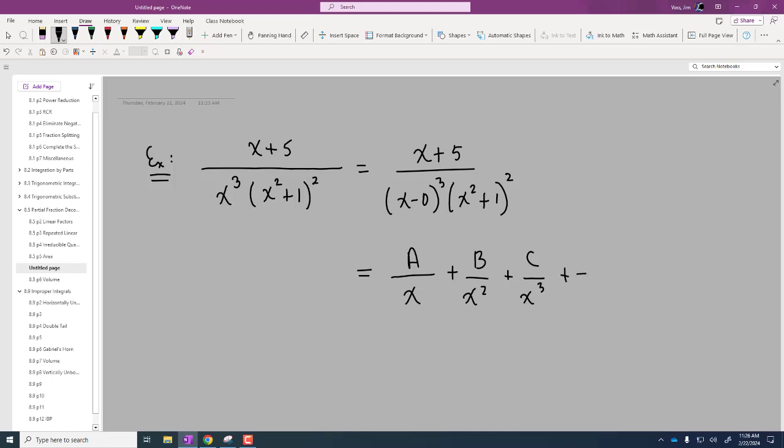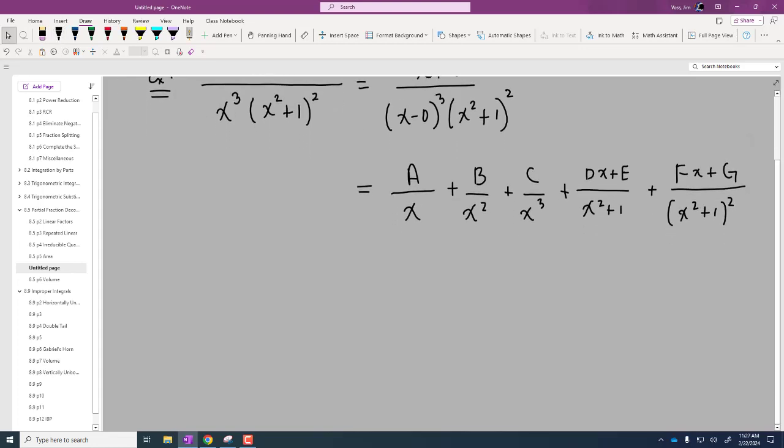Now for our irreducible quadratics, we're going to have a dx plus e over the irreducible quadratic to the first power, and then an fx plus g over the irreducible quadratic factor squared. Terrible. That's why we're just setting it up. That makes sense? You get like a 20 term. Yeah, it's gonna be brutal.